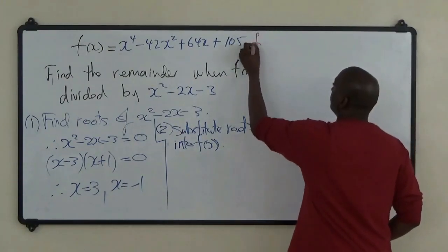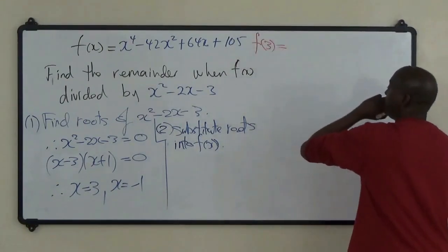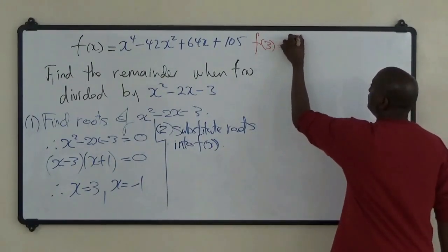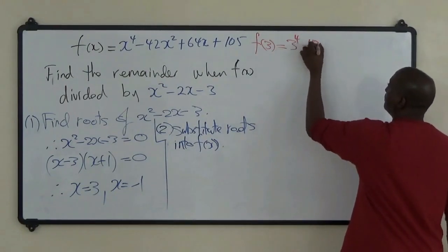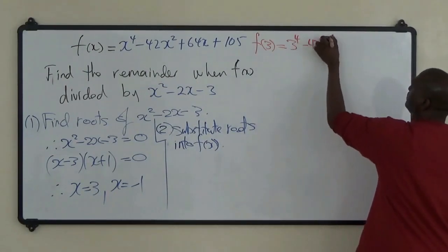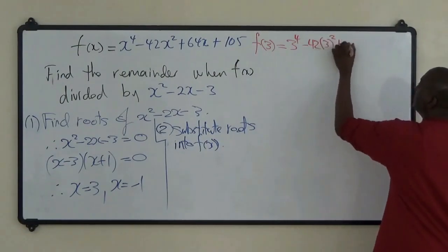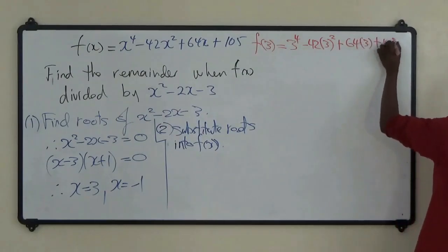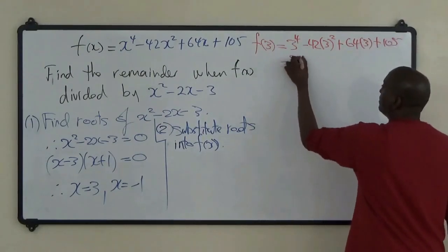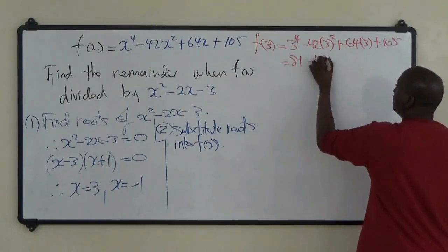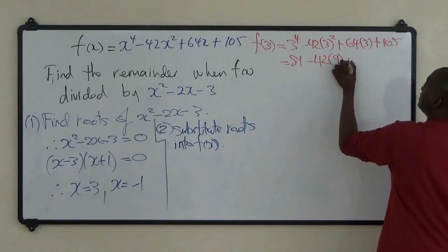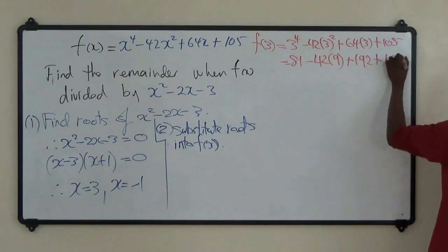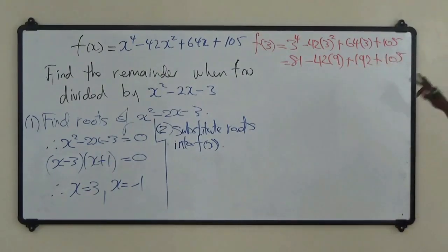So f of 3 is equal to 3 to the power of 4 minus 42 times 3 squared plus 64 times 3 plus 105. 3 to the power of 4 is 81, minus 42 times 9. 64 times 3 is 192, and plus 105.